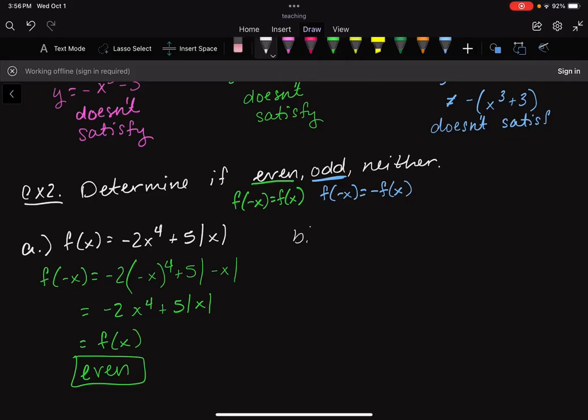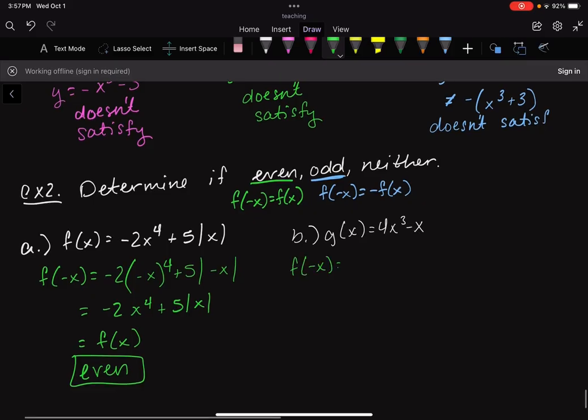Let's do part B. This one says g of x equals 4x cubed minus x. And so again, I'm going to plug in a negative x. So I get 4 negative x cubed minus negative x. And if you want to call this g of x as well, that's fine. I wrote f just out of habit, but technically it's g of x. So I'm just simplifying here.